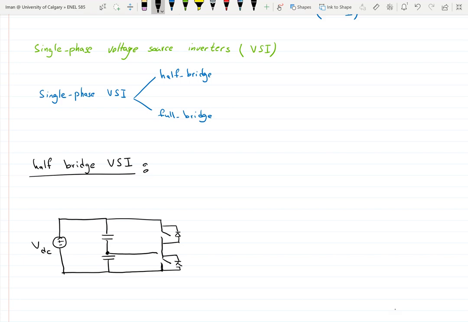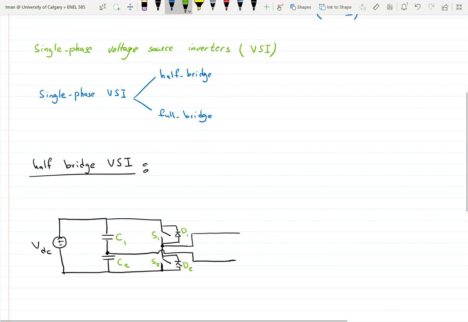Okay, and this goes to output. So this is C1, C2, S1, S2, D1, D2, and this is V out.